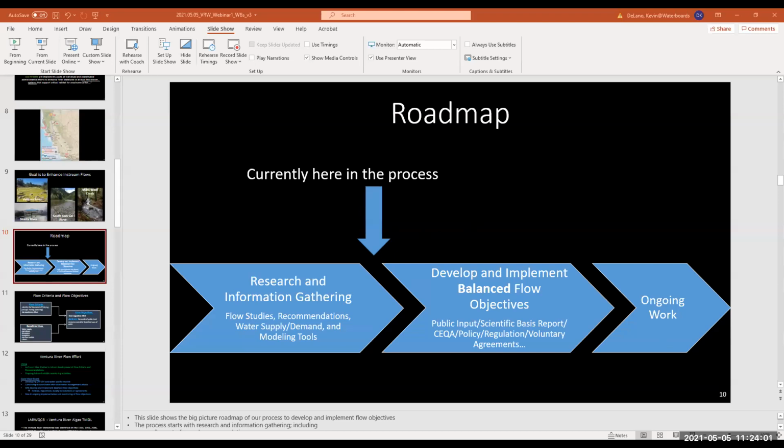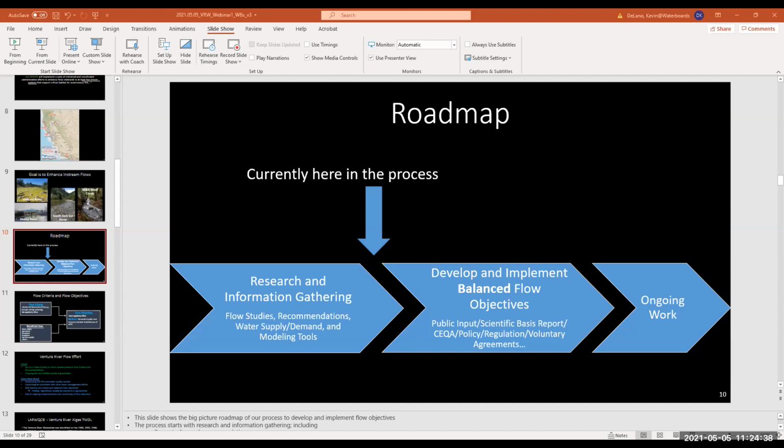We could run scenarios in our modeling system that could include something like, if the CDFW flow recommendation was a requirement, let's say that was a flow requirement, we could run that through our modeling systems and evaluate potential impacts to water supply, potential impacts to other public trust resources. That could be one scenario that we would look at, and we would likely look at many scenarios.